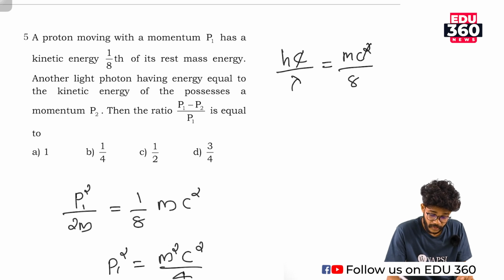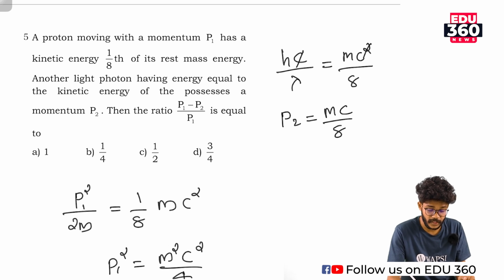So c and c can be cancelled. So p2 is equal to mc by 8.